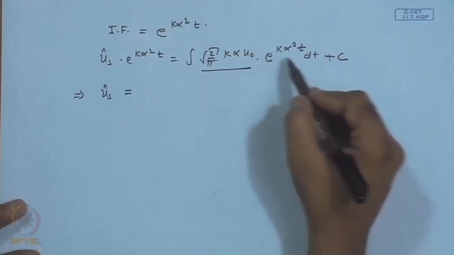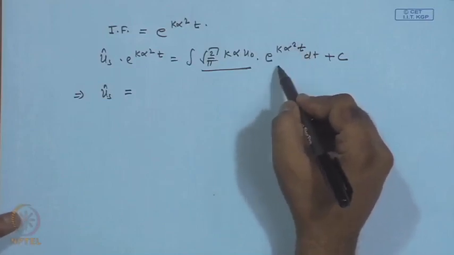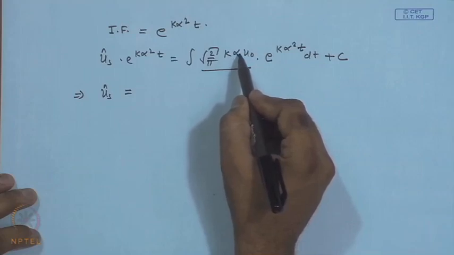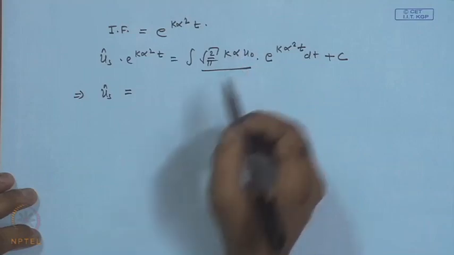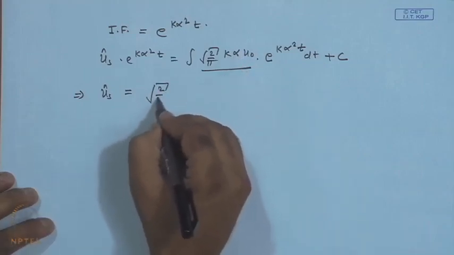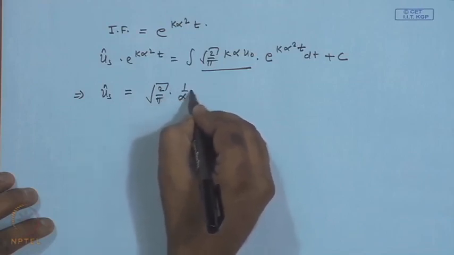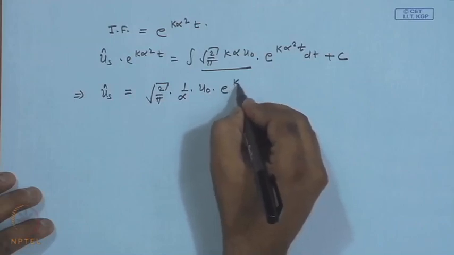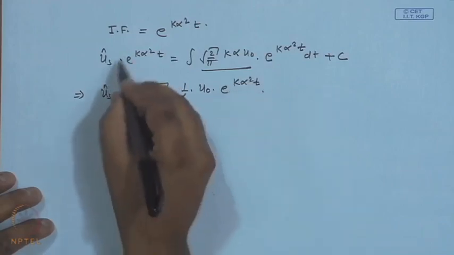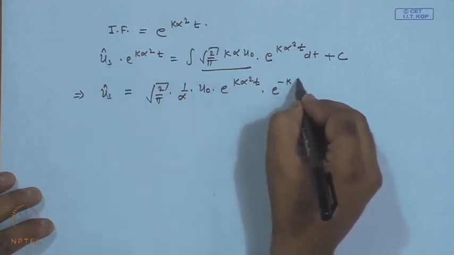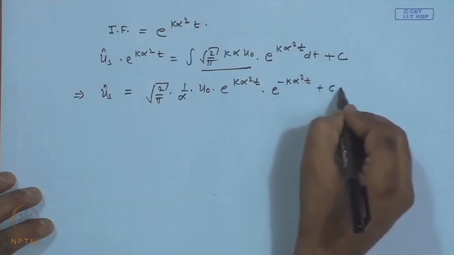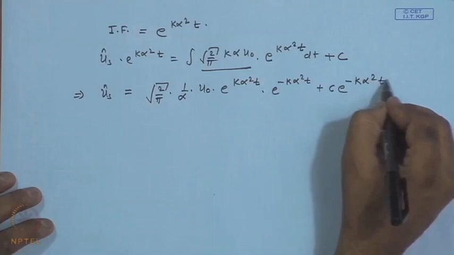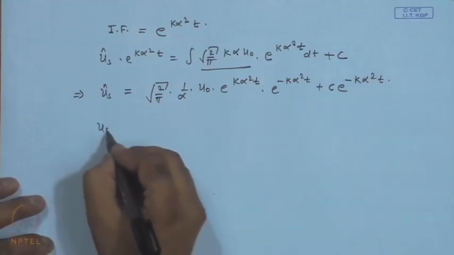So, we will get e to the k alpha square t over k alpha square. So, this k alpha will be cancelled and we will get 1 over alpha. So, what we have is 2 over pi, you will get 1 over alpha, also u naught, and this e to the k alpha square t, and from this side we have, with minus k alpha square t, c e to the minus k alpha square t.